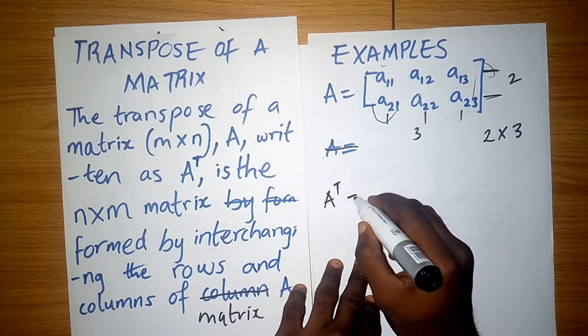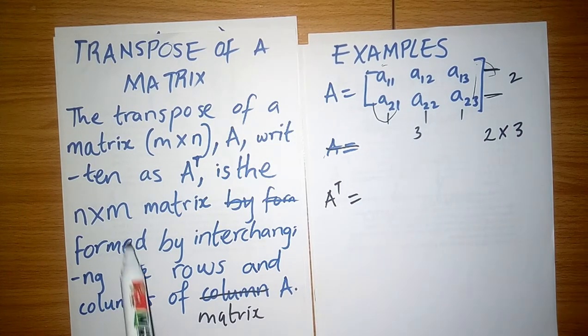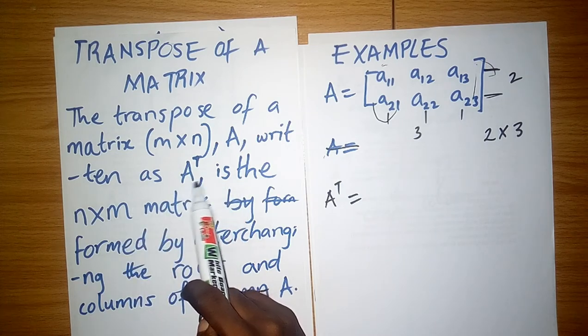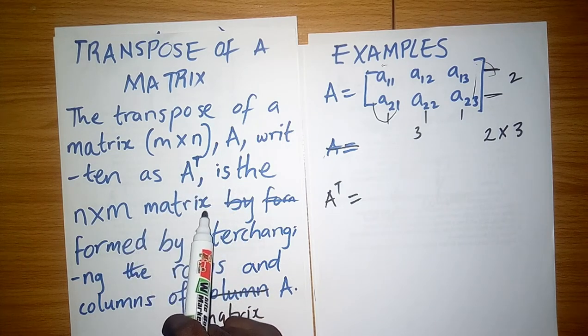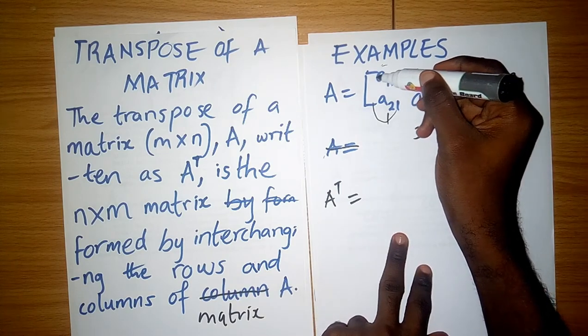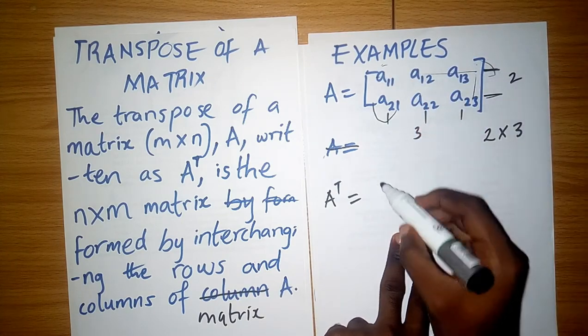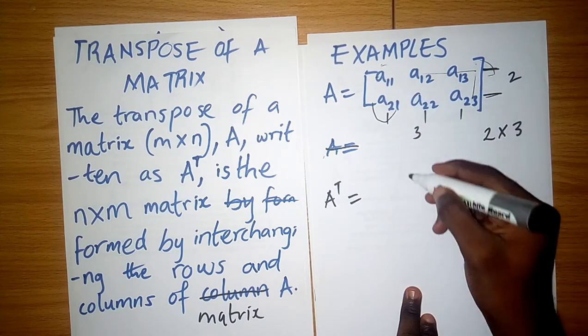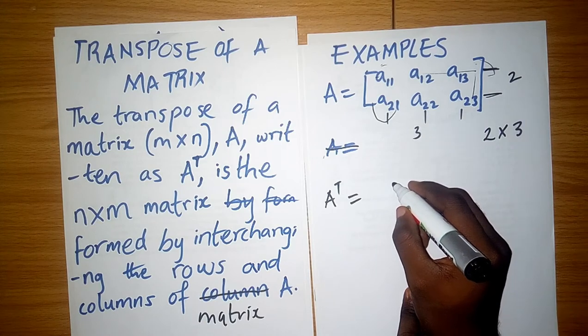A to power t, the transpose of A, is the n by m matrix formed by interchanging the rows and columns of matrix A. So how do we interchange this? We take the first row and put it in the first column, and then the second row and put it in the second column. Let me just do it.